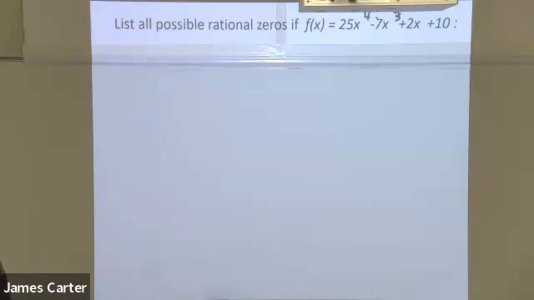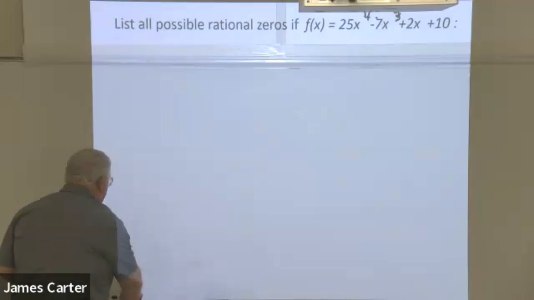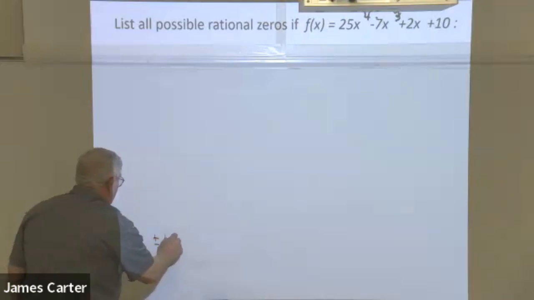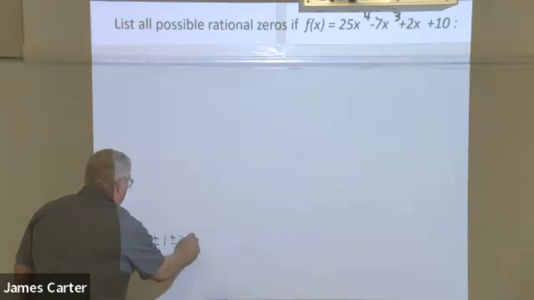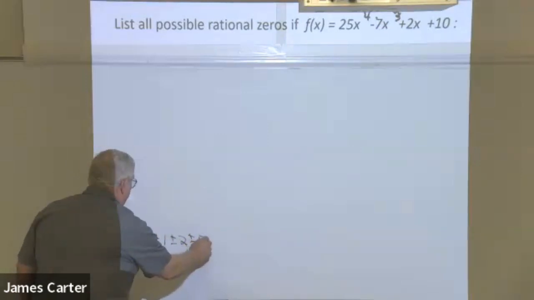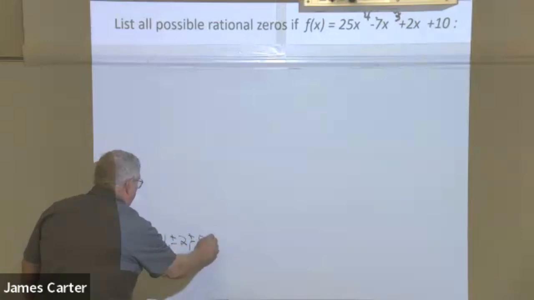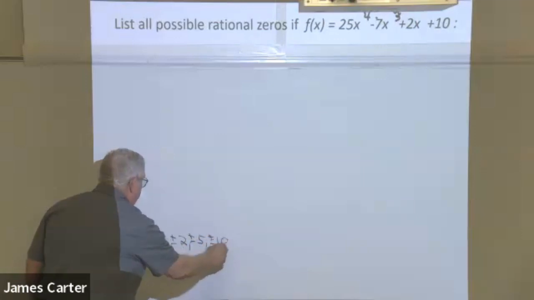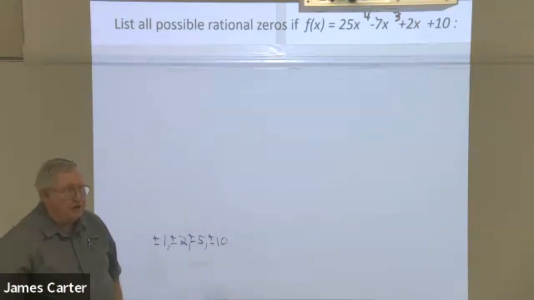Okay, so you come up with your list. Well, we've got 10 on the end, right? So we would have plus or minus 1, plus or minus 2, plus or minus 5, plus or minus 10, just from the y-intercept.